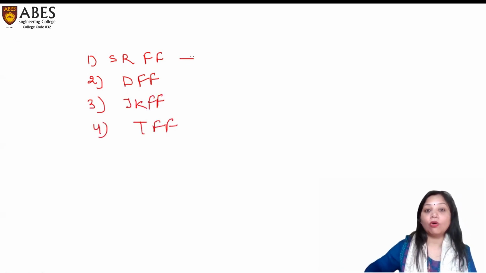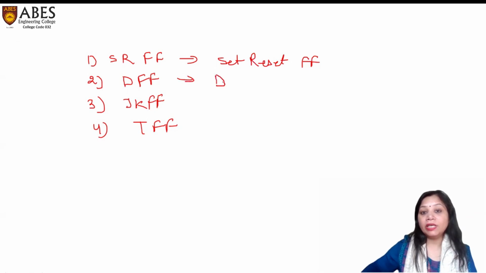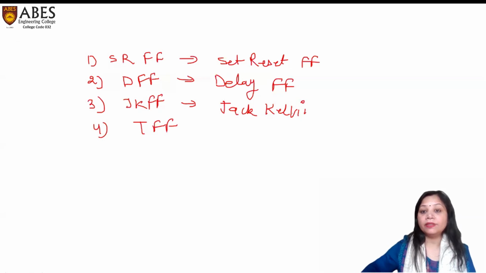SR flip-flop is called set reset flip-flop. D flip-flop is called delay flip-flop. JK flip-flop is Jack Kilby. And T flip-flop is called toggle flip-flop.